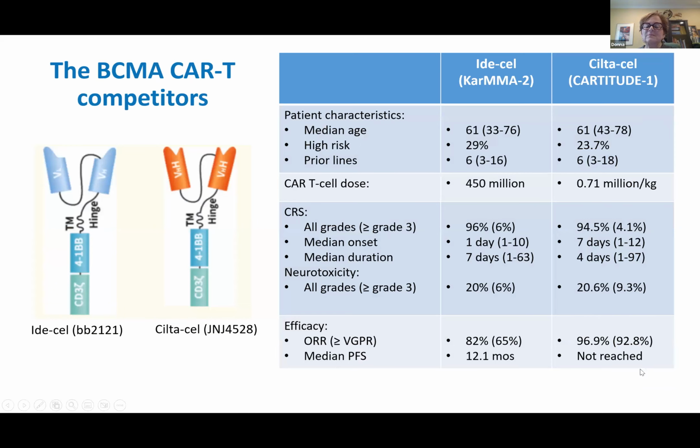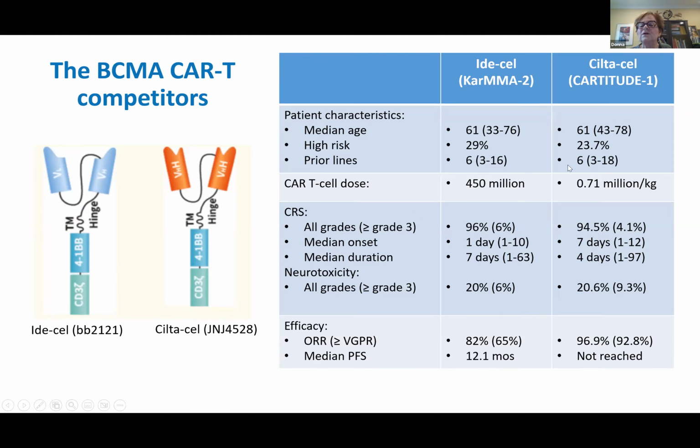So here's the comparison of the two for your reference. Again, there should be warnings here. You can't do cross-trial comparisons. But if you look, we always worry that if results in one group are better than another, maybe it's because one group of patients didn't have high risk or bad features.